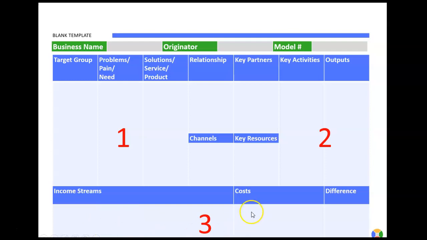Then you come over here to the costs and do exactly the same. You itemize your costs and you'll have a total at the end. Then you deduct your costs from your income, and the difference will be placed in this box, which is your profit. Once you do that, you've practically completed the business model template for your social enterprise.